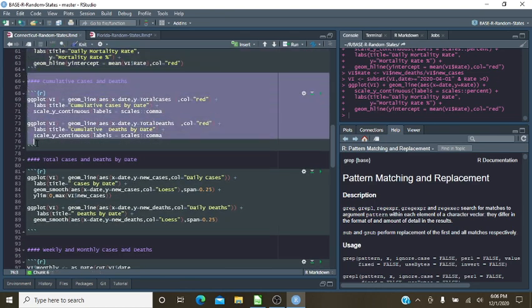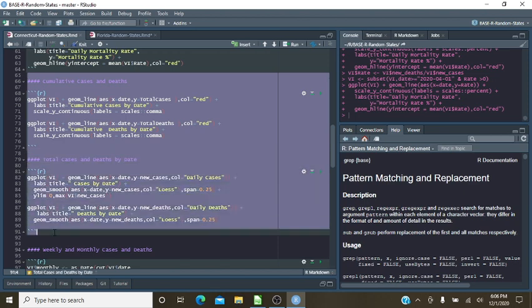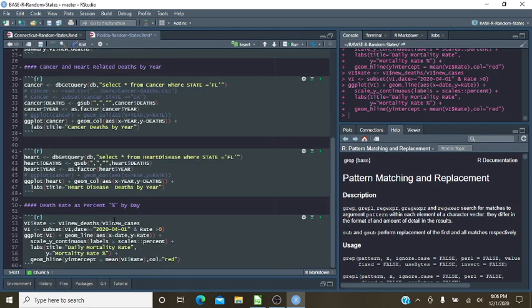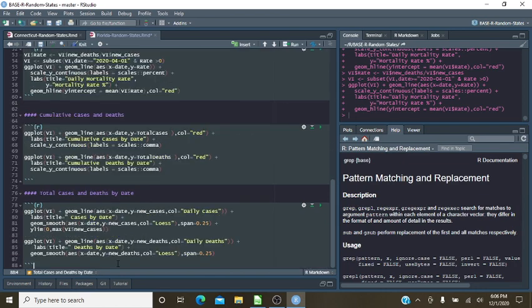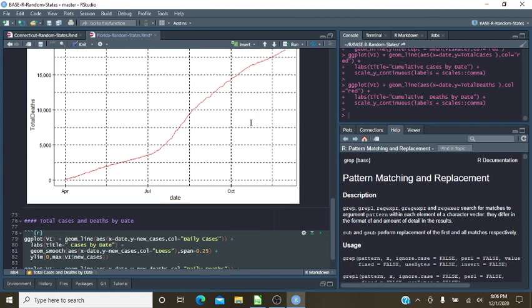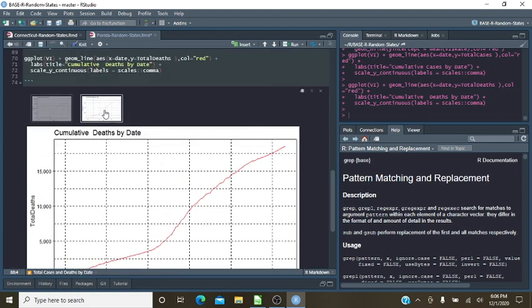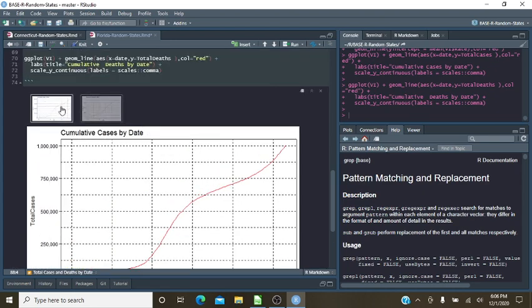Take the cumulative cases and daily cases. So there's deaths, there's cases.